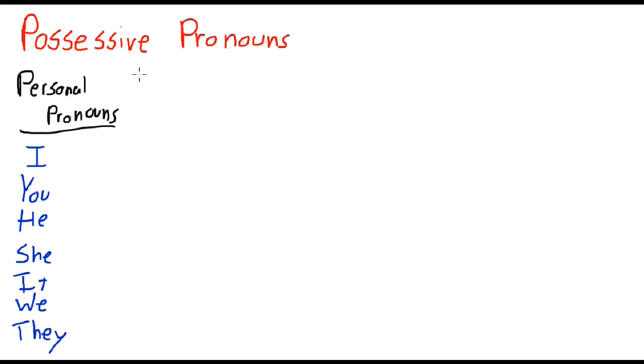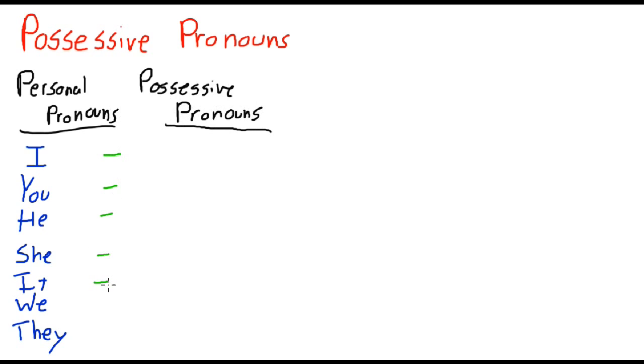Okay, but now let's look at the possessive, not adjectives, possessive pronouns. Okay, so what are the possessive pronouns in English? Let me put some lines here to help guide us. So I becomes mine.